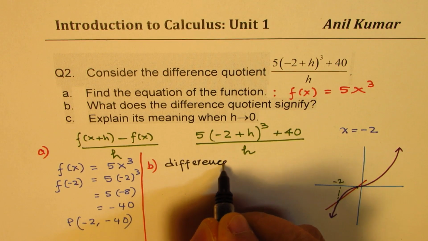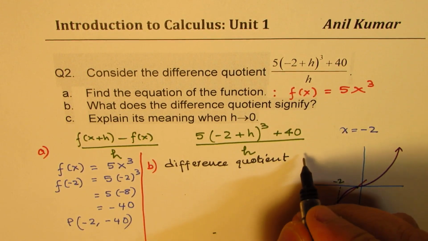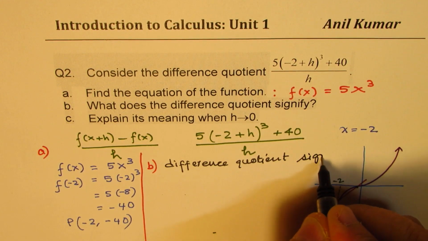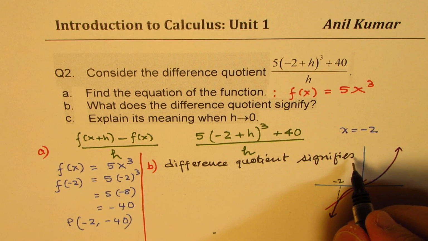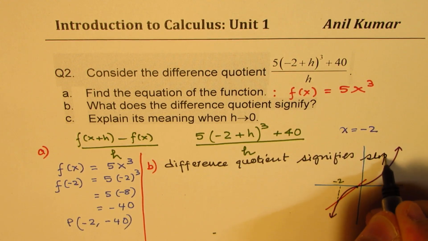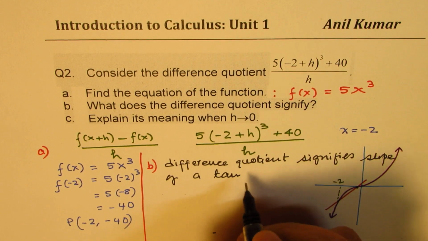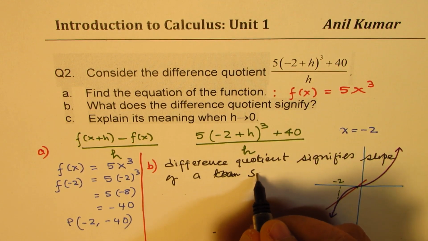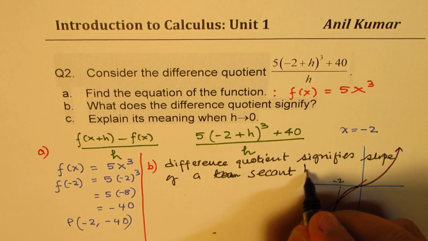So we can write, difference quotient signifies the slope of a tangent line, I should say secant, between 2 points.